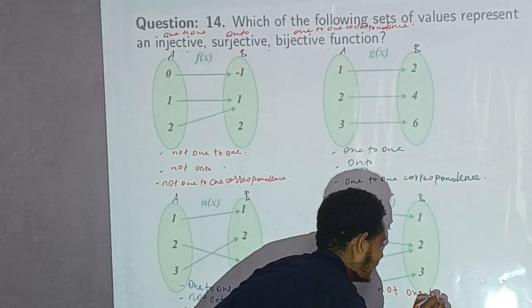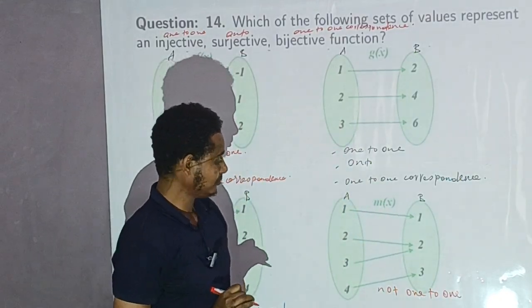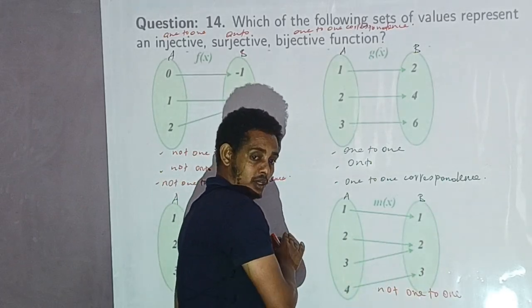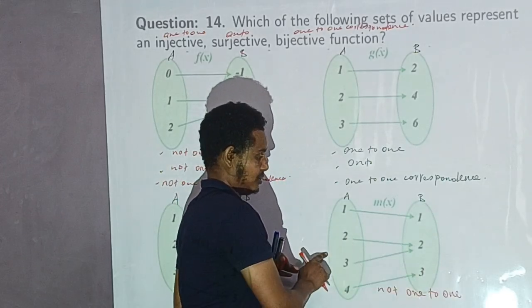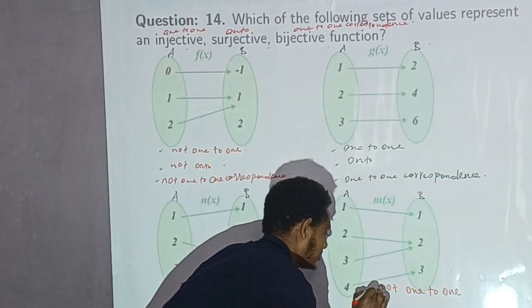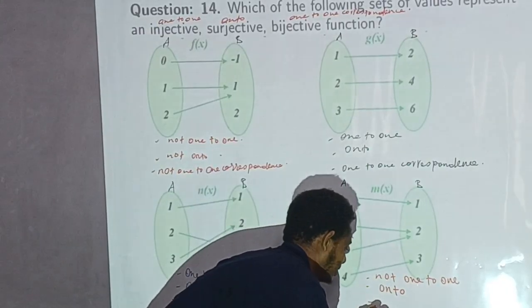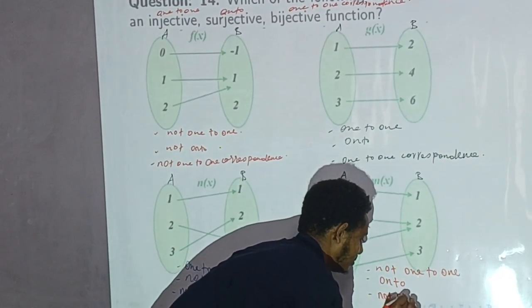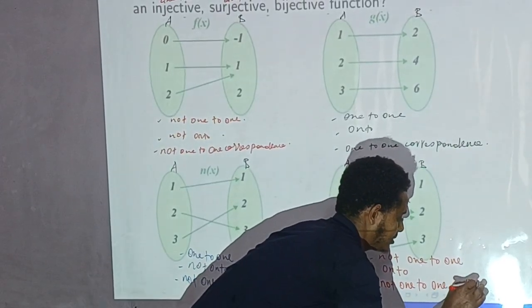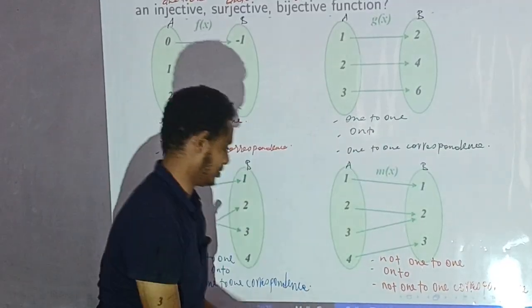Is it onto? Yes, because every element in B has a preimage in the domain, which means the range is B. So this is onto, but it is not a one-to-one correspondence.